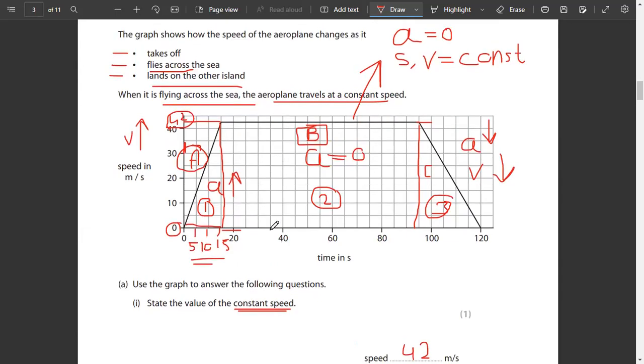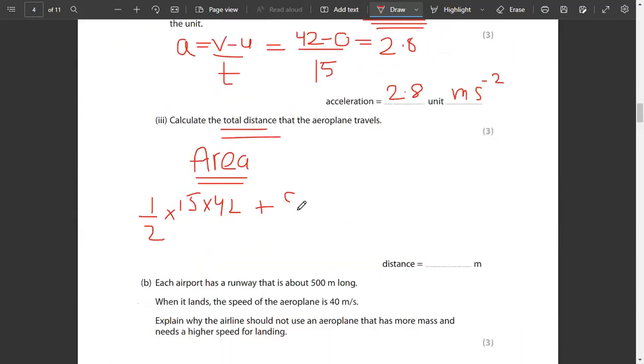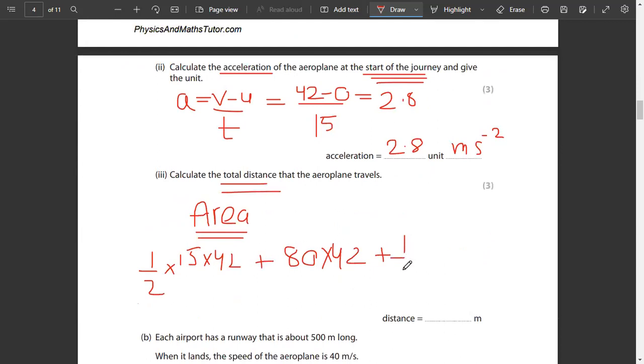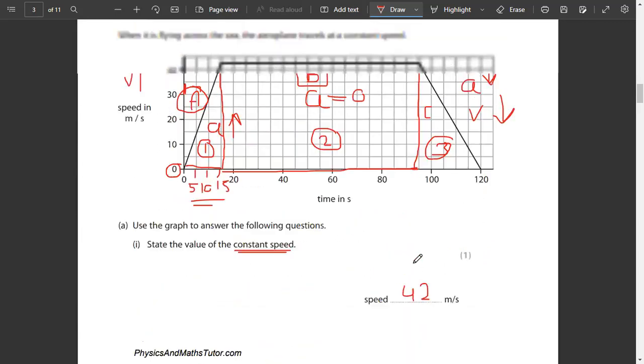इसकी बेस कितनी है? फ्रॉम 15 टू यहाँ तक क्या आ जाता है इसका? 15 से लेके 95 तक. 15 से लेके 95, तो 95 minus 15 क्या हो गया? 80. Base would be 80 multiplied by 42, which is the height again, plus another triangle half into base क्या है इसकी?